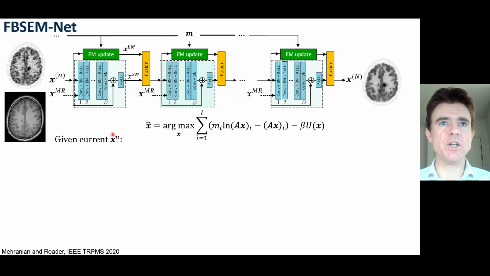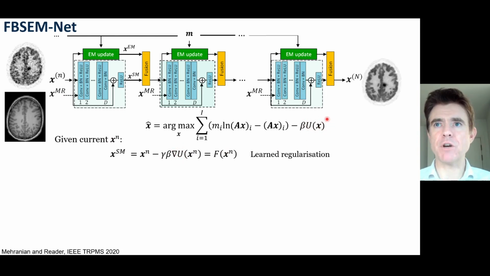So given any current image estimate xn, what we can do first of all is do a gradient descent using the gradient of this regularizing prior. Now the point here is that we're not making any claims as to what that is. Before we assumed it was a quadratic penalty, and we had the solution that we saw before via De Pierro.